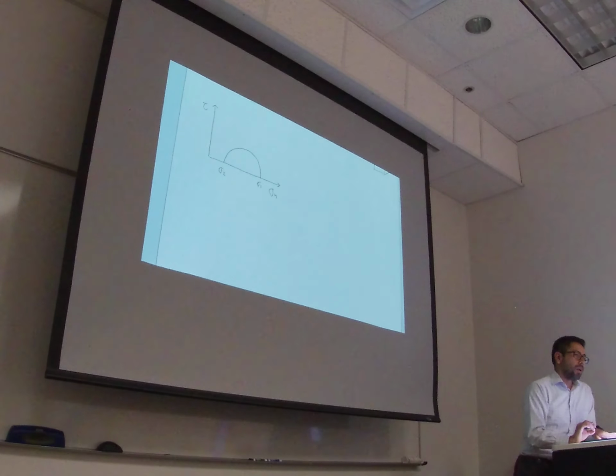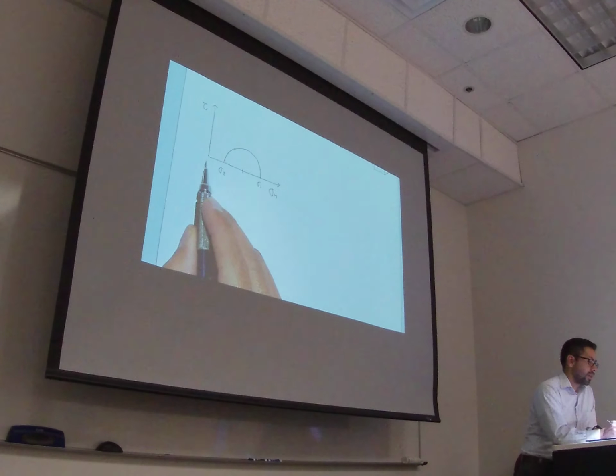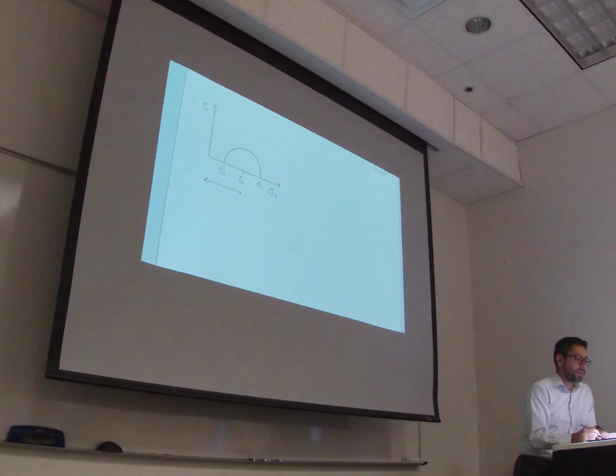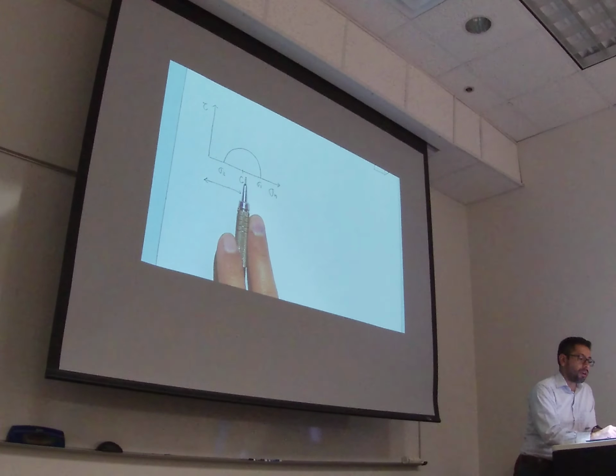In the Mohr circle, there are 2 things that you have to notice. First is how far from the origin the center is. That tells you the average compression in that particular point.